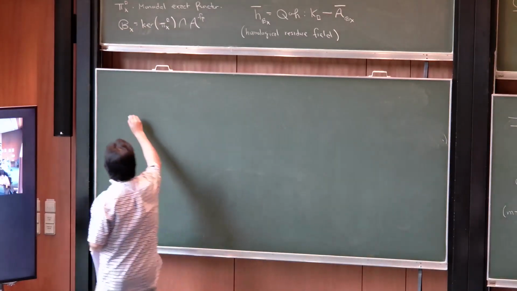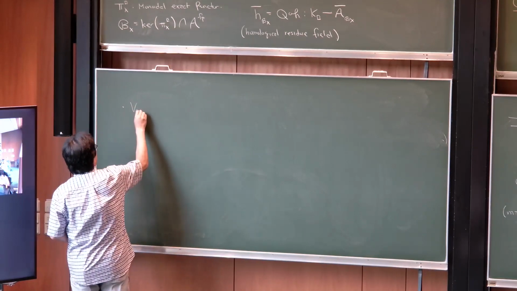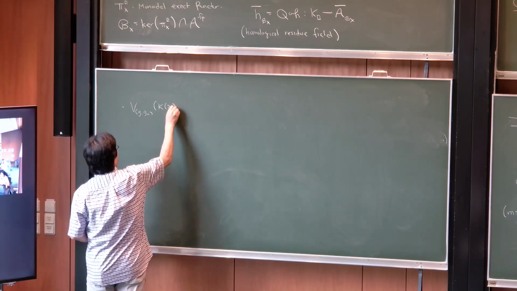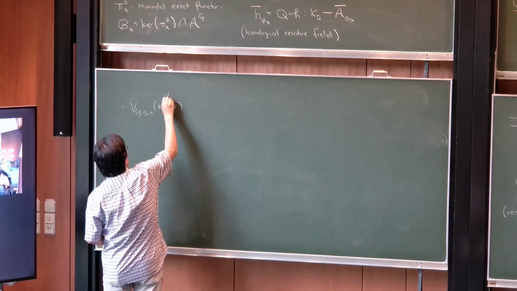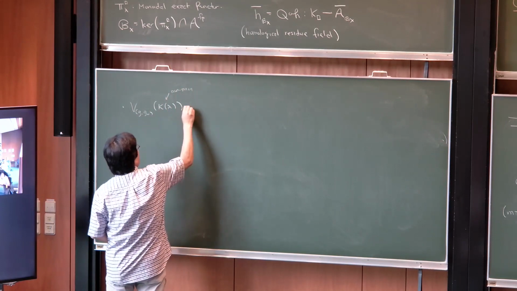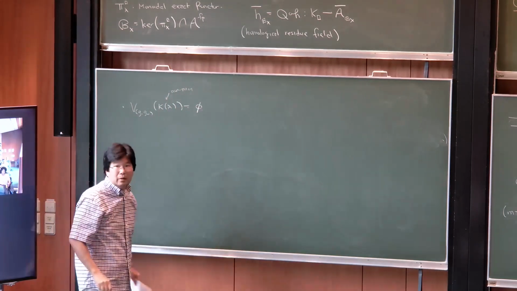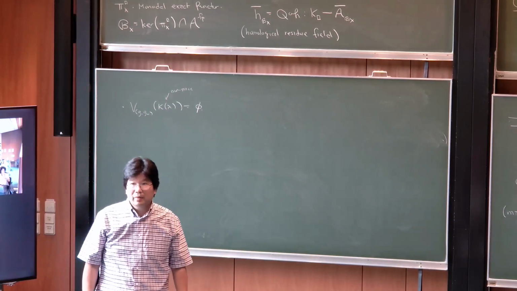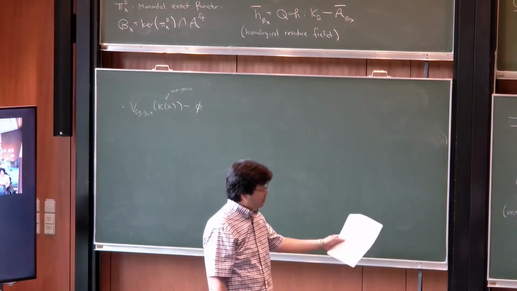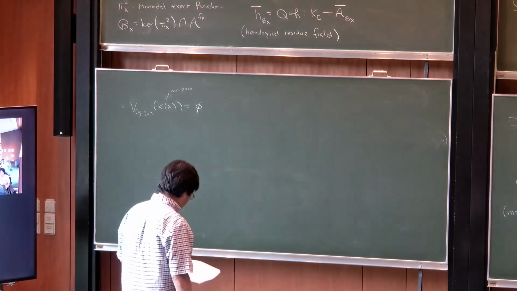You take a non-projective module, a non-projective Kac module. You get something true: there are non-projective modules where this support theory does not detect projectivity.